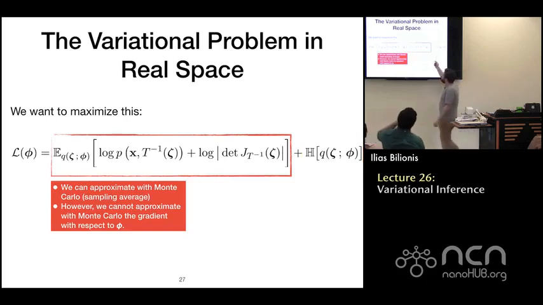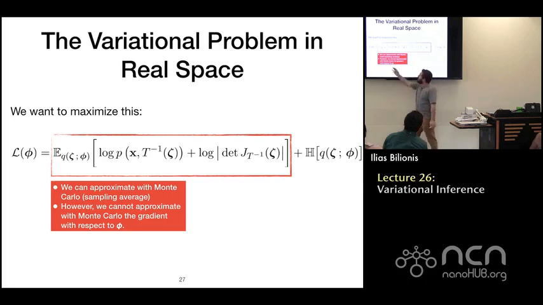Now, this expectation over Q, if you just wanted to evaluate this L of E, you can evaluate it by just sampling zetas from Q, plugging them in this expression and taking an average. So you could do a Monte Carlo estimate of this part. How do you do it? Sample zetas, plug them in there, 1 over n, sum of this quantity, you will get an estimate.